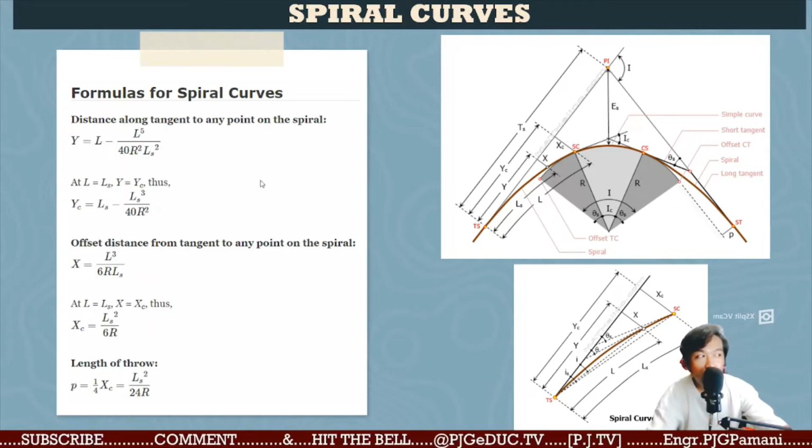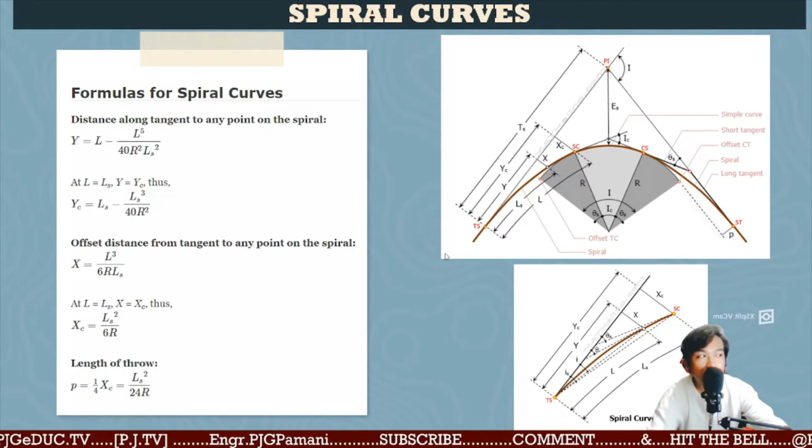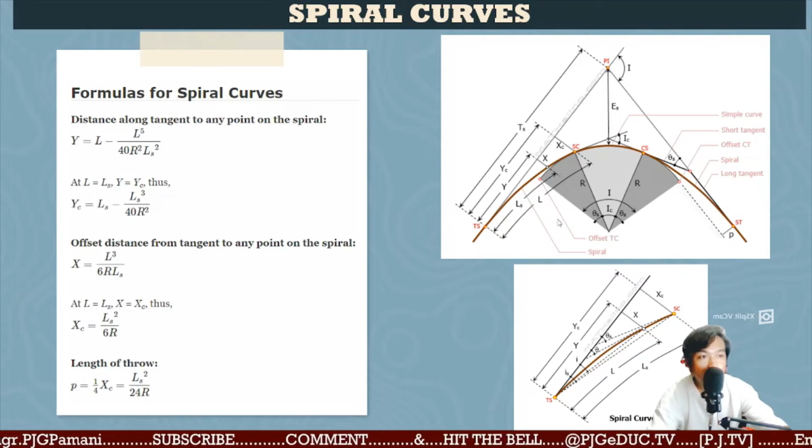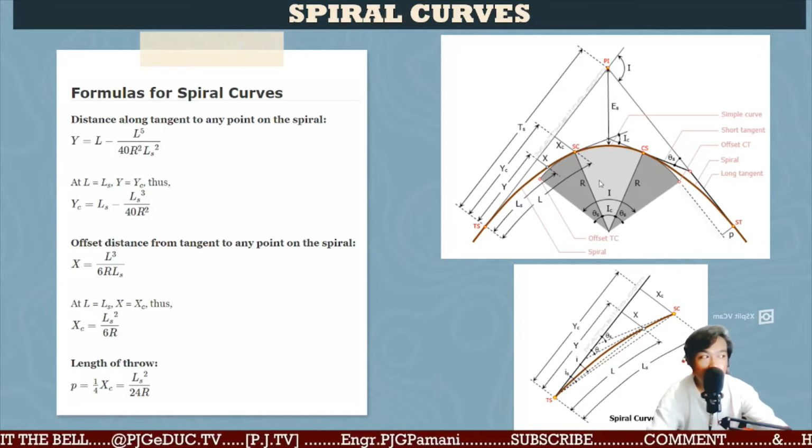So if we are now asked to identify the total length of the spiral from TS to SC or the tangent distance, Y sub C is simply equal to the total length of the spiral curve LS minus LS cubed over 40 R squared based on this figure.